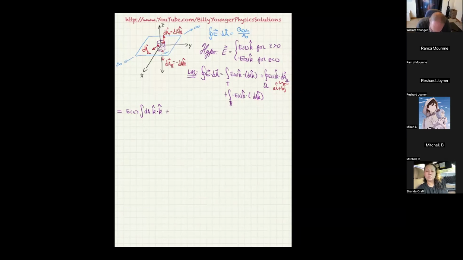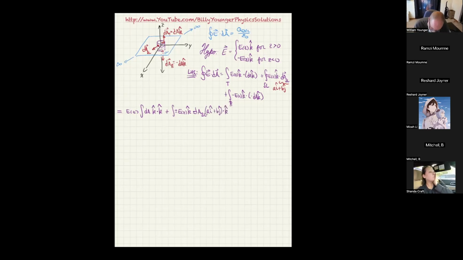Then I can say plus this one, which is going to be an integral of plus or minus E of Z K hat times dA soup label, which is just a magnitude, times A I hat plus B J hat dotted with K hat. Ooh, actually, I could have done that the other way.